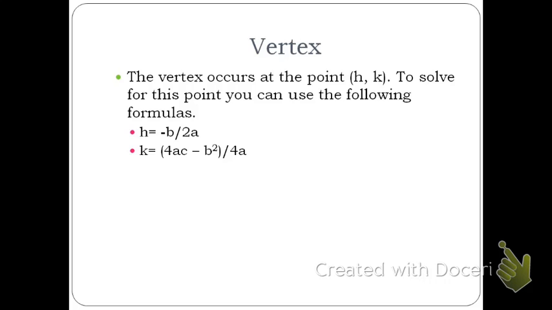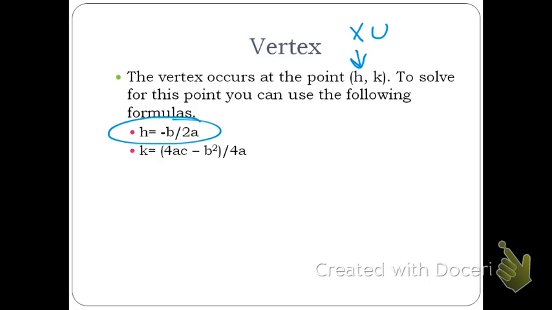Your h, or x value, of the vertex is the opposite of b all over 2a, which is the same as the axis of symmetry. Sorry, that's what I meant to say. It's the axis of symmetry.